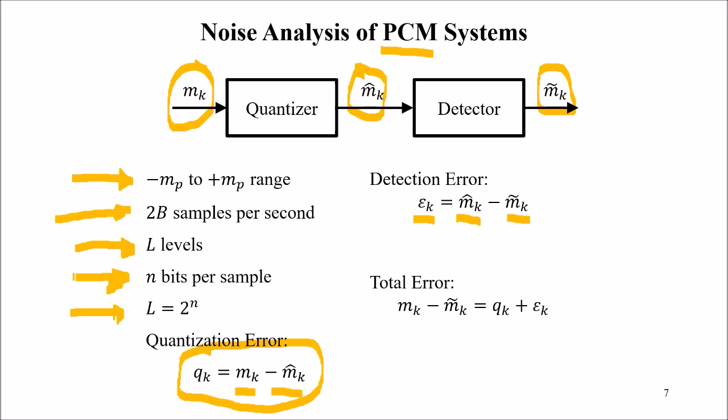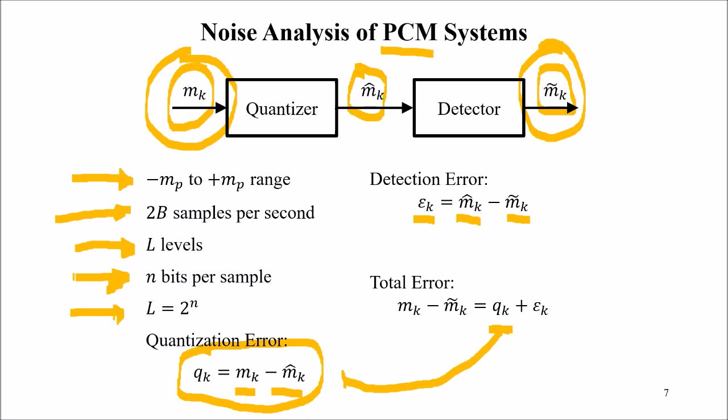Now the total error is found by comparing the input signal on the far left with the output on the far right. MK minus M tilde of K turns out to be equal to the quantization error Q of K, as given by this expression, plus the detection error epsilon of K, as given by that expression.